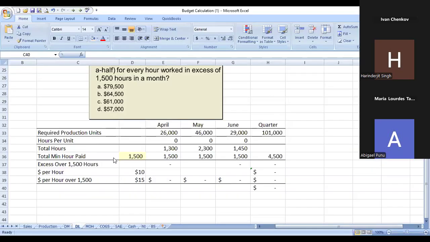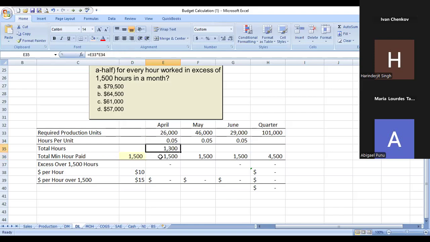First, we already know the production which is required. We know how many hours per unit are required, so we need 0.05 hours all across. So technically in the first month, April, we need 1,300 hours.